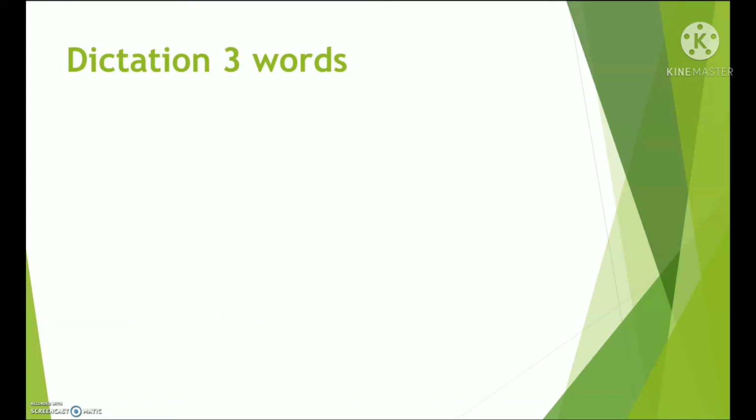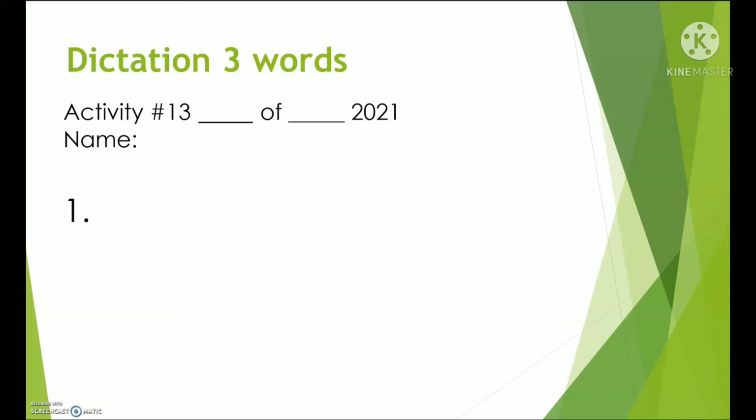Now let's do our dictation of 3 words. Get your paper or your notebook and write as follows. Don't forget to write your name. So if you're ready, let's begin. Number 1. Spell the word fern.